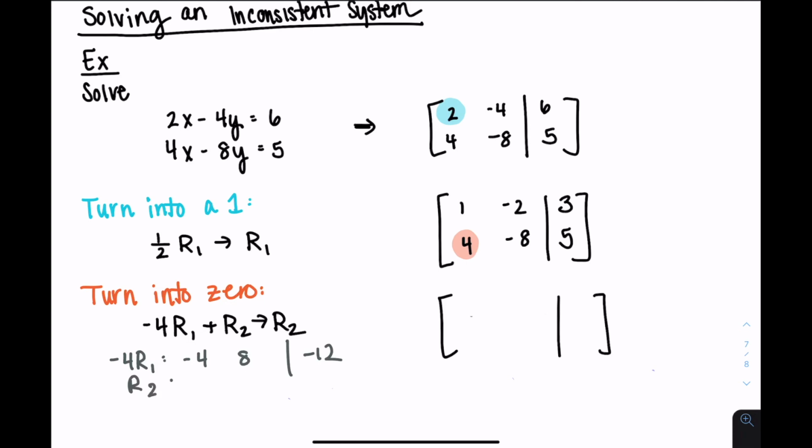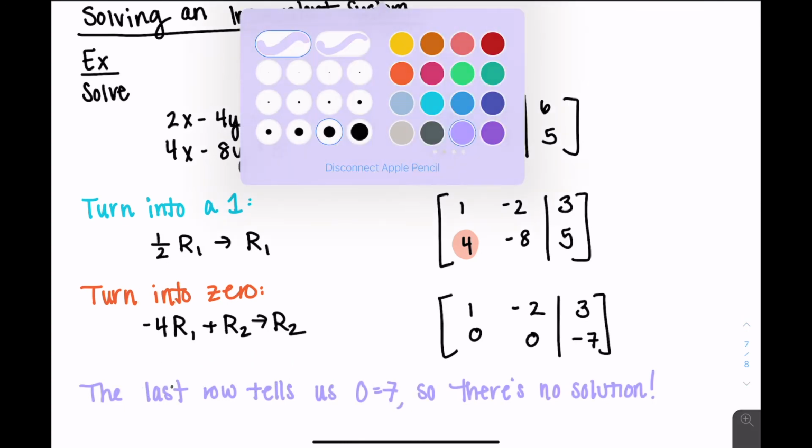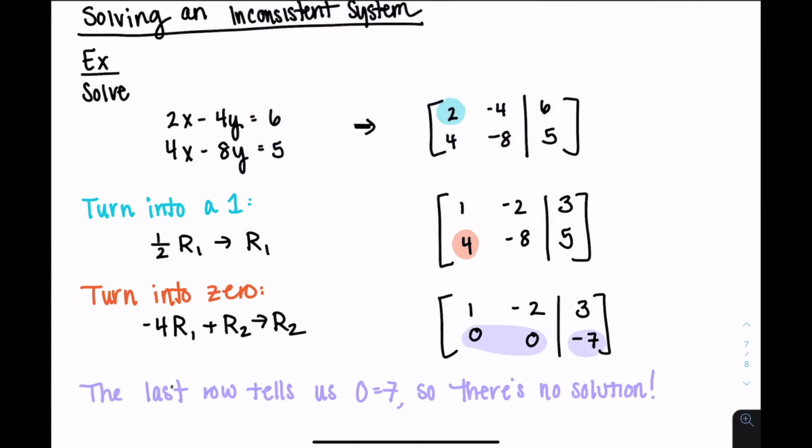If we look at row 2, it's 4, -8, 5. So my first row isn't changed, but when we add these together, we get 0, 0, 7. And that's going to be a problem. This last row is telling us 0 equals 7. So there's going to be no solution to this system.